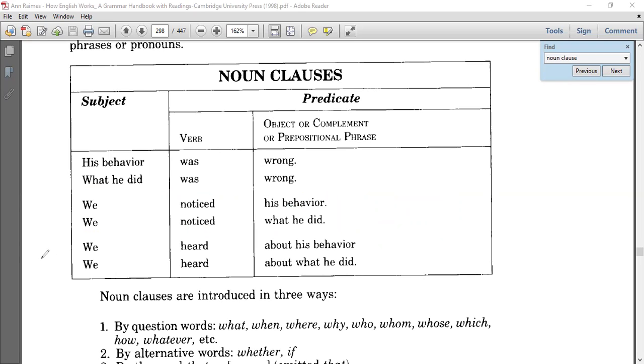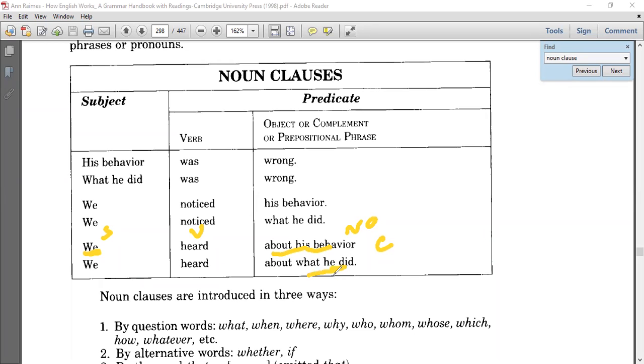Now, let's have a look at one more example here. We heard about his behavior. We is the subject, heard is a verb, we is a pronoun, heard is a verb, about his behavior. This is also a noun phrase, and of course, it's a complement over here. We heard about what he did.